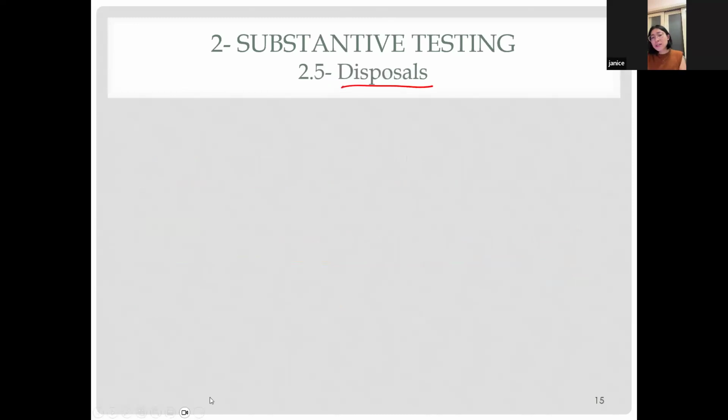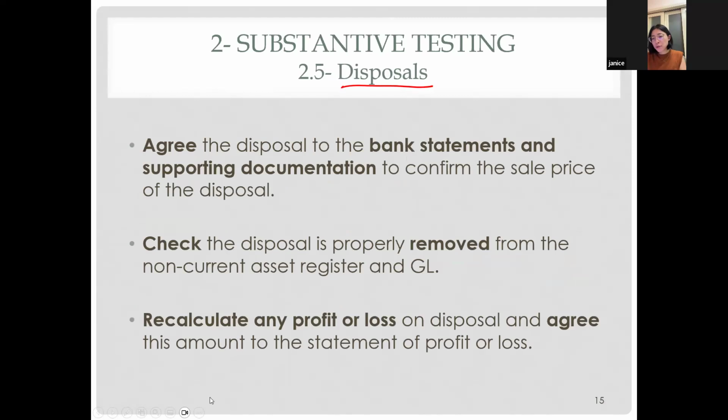So we did that. We did not do it for the disposal, but for disposal, it will be not similar, but we need to make sure the disposal has really happened. So how do we do that? Think about it. If you sell something, you're going to get money. How can we check for money? If we receive the money, we would have a receipt.